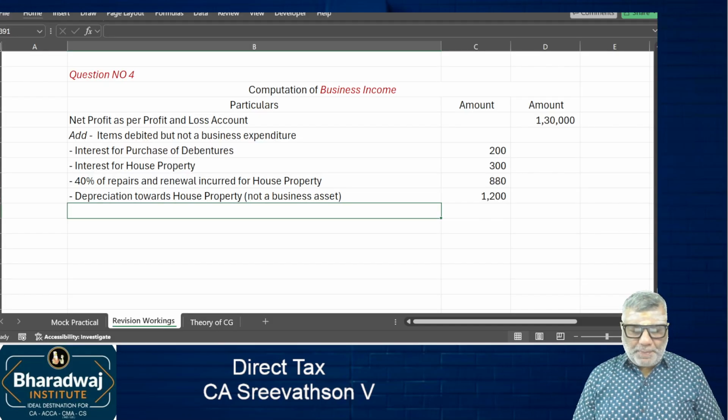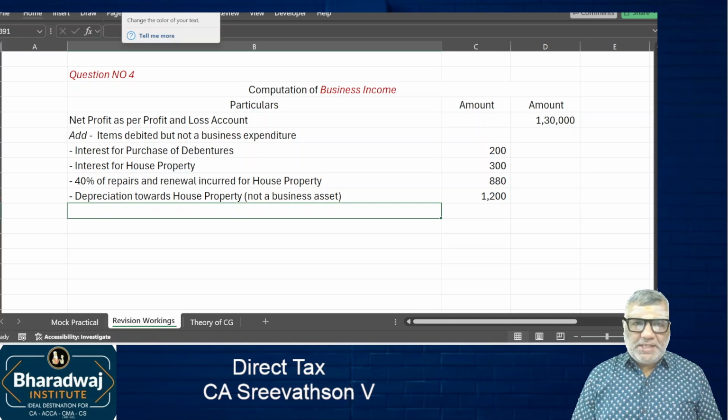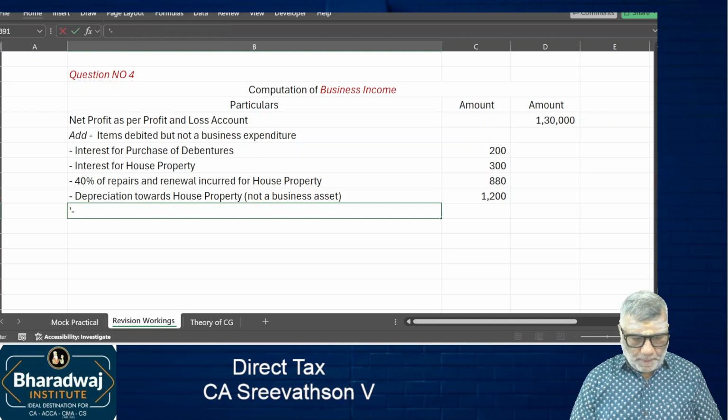Compensation is a proper business expense since there is an adjustment specified. In exam also, follow this. Since there is an adjustment specified, write it. It is allowed as a deduction. You should write it. Okay.